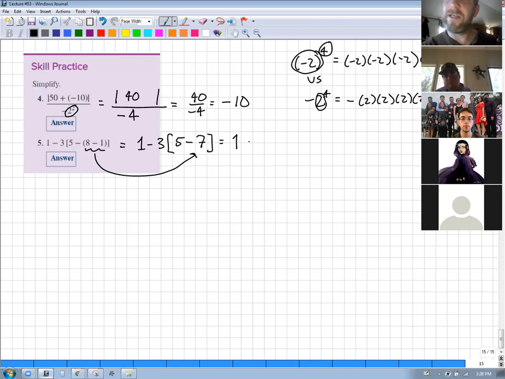So I have a 1 minus 3 times 5 minus 7 is a negative 2. All right, and the square brackets, again, they're the same as the round brackets. They just change them for clarity. So I have a 1, negative 3 times a negative 2 is a positive 6. 1 plus 6 is 7.